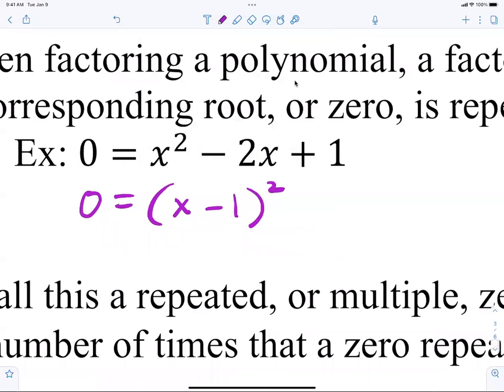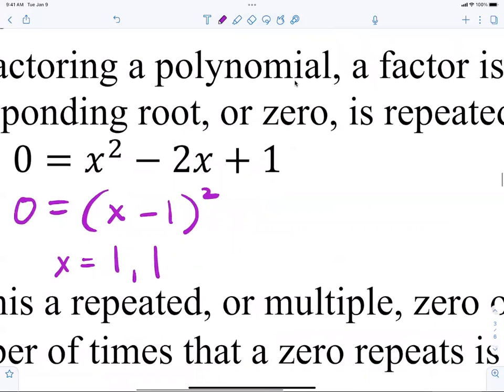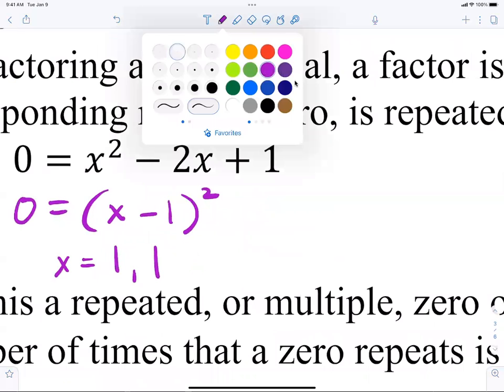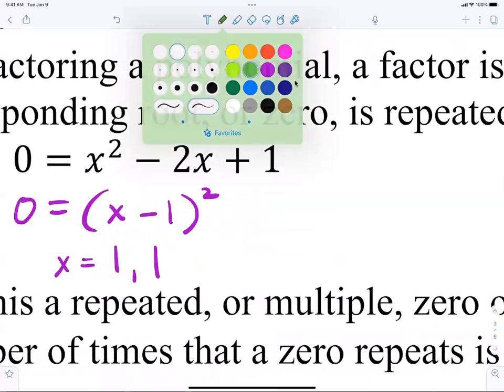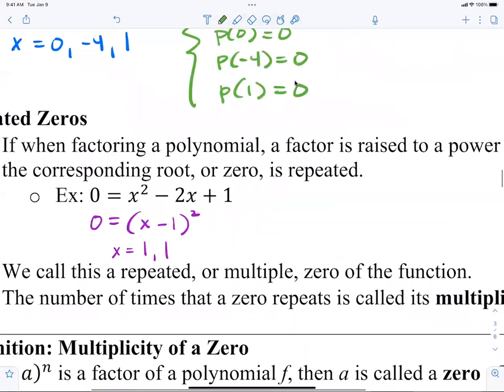Which would be x minus 1 times x minus 1, where you could think of the solutions as being 1 occurring twice. So the solution of 1, or the 1 being a zero, has a multiplicity of 2.